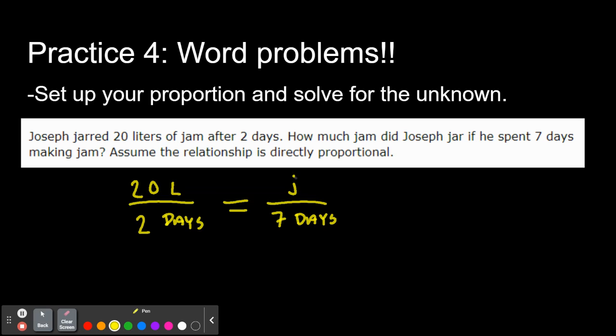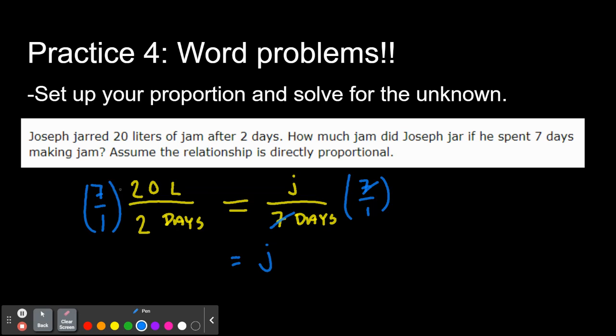So let's go ahead and figure out how much jam Joseph jarred in 7 days. This is J divided by 7. So we're going to undo that by multiplying by 7. And these are going to reduce down. We're left with 1J over here.